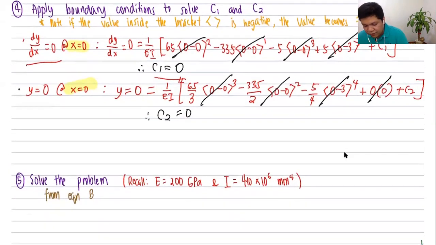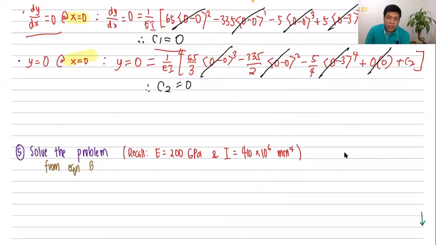Then I can now solve for the problem. Recall that E, the modulus of elasticity, is 200 gigapascals, and the moment of inertia is equal to 410 times 10 raised to 6 millimeters to the fourth.